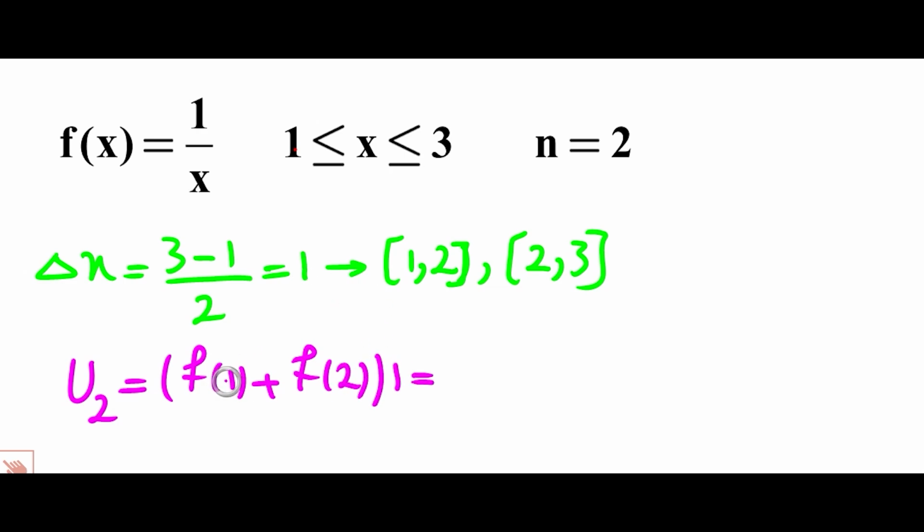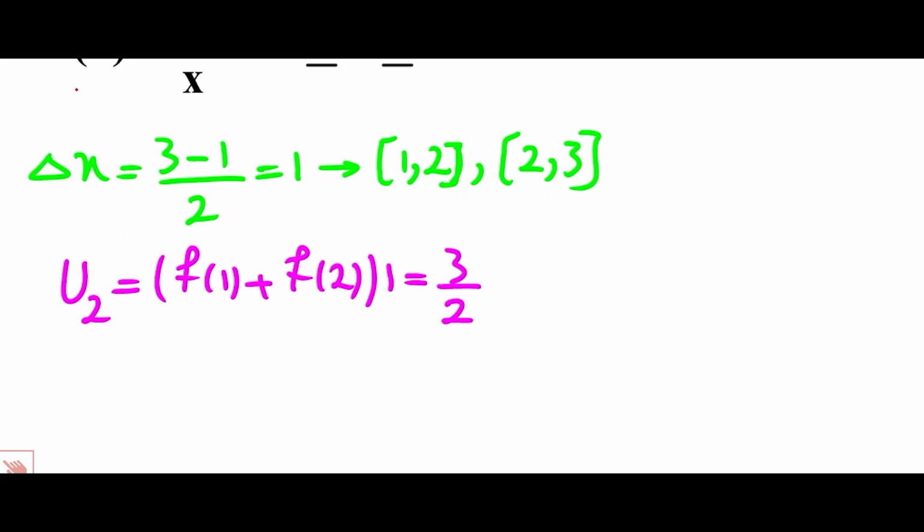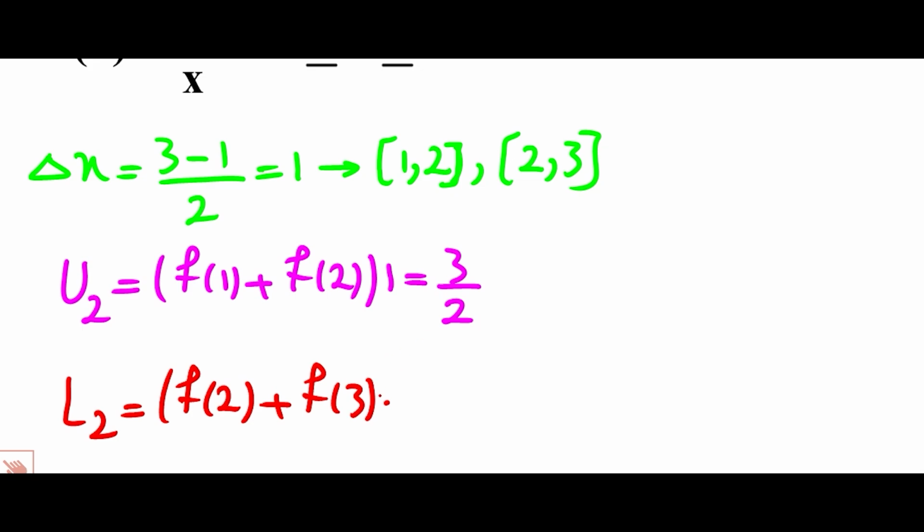So we have f of 1 is 1 and f of 2 is 1 over 2 or 1 half. So 1 plus 1 half is 3 over 2, and the lower sum L2 equals f of 2 plus f of 3 times delta x, times 1.